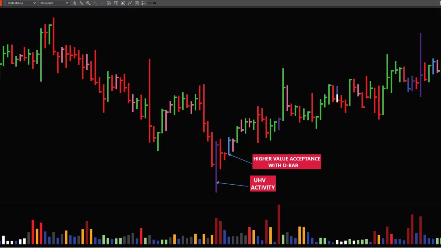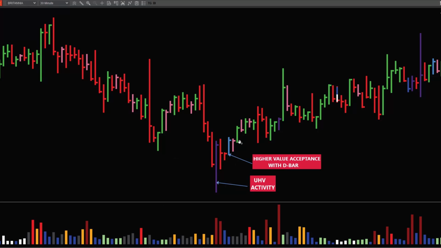It is basically an activity of ultra high volume, the activity that follows the ultra high volume activity, wherein we believe that the smart money has just left the market to check whether there are certain aggressive buyers or sellers still left or not, and then they take their move accordingly. And that is how this kind of bar activity helps us.